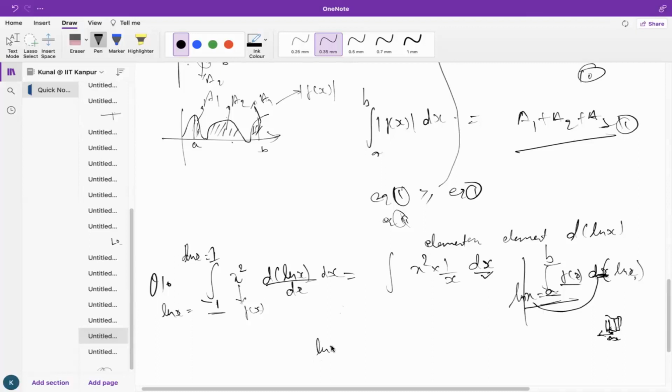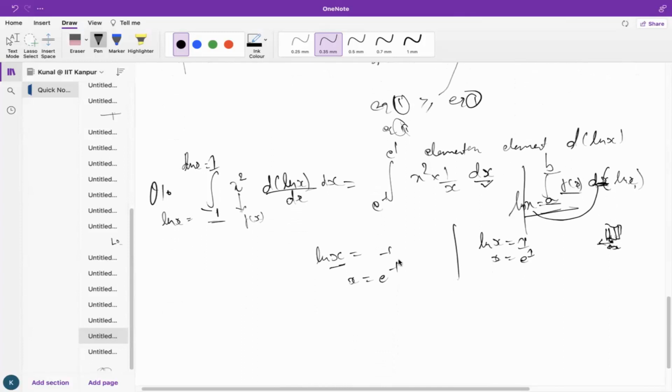So our limits also change. We have to find x. Using basic exponential concepts, x goes from e to the power minus 1 to e to the power 1.